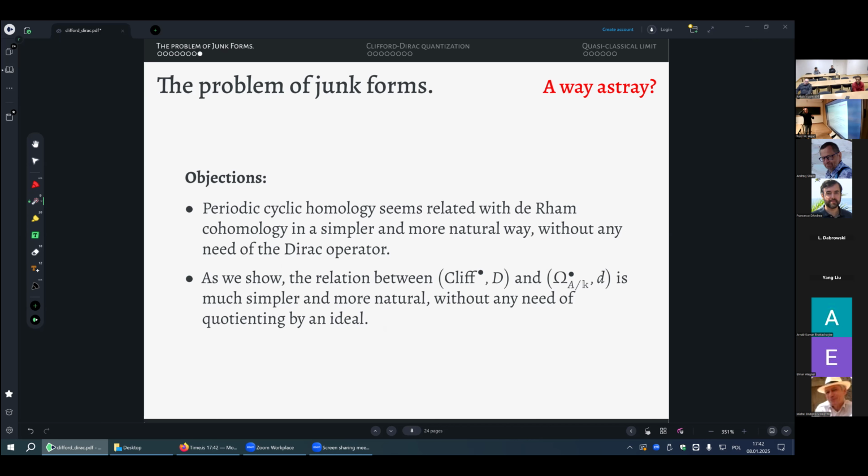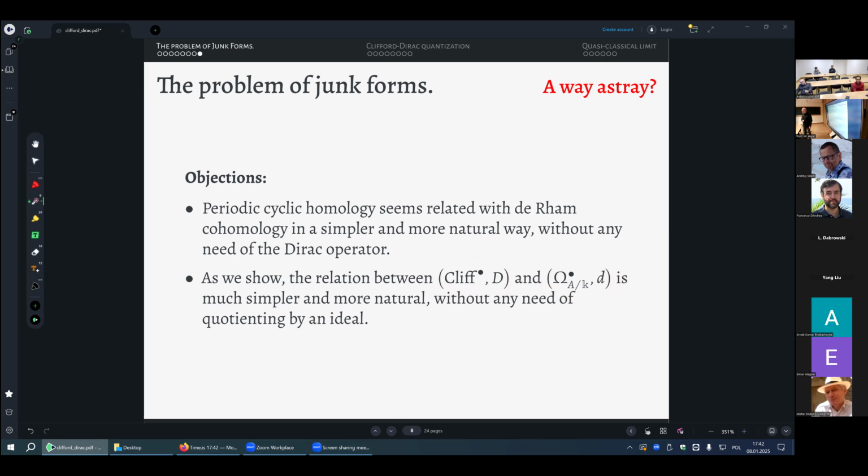And the second point, which is the main point of this talk, is that actually there is a relation between this Clifford algebra equipped with the Dirac operator and the de Rham complex, which is much simpler than what was written and more natural.